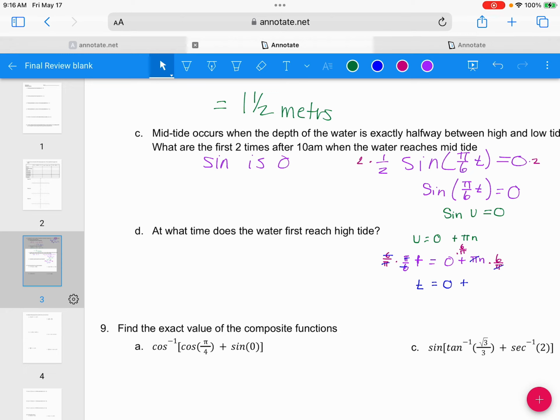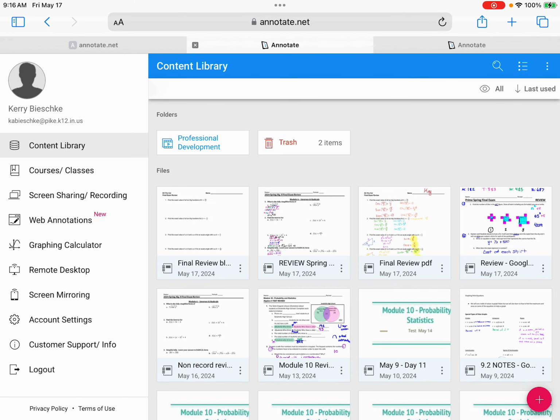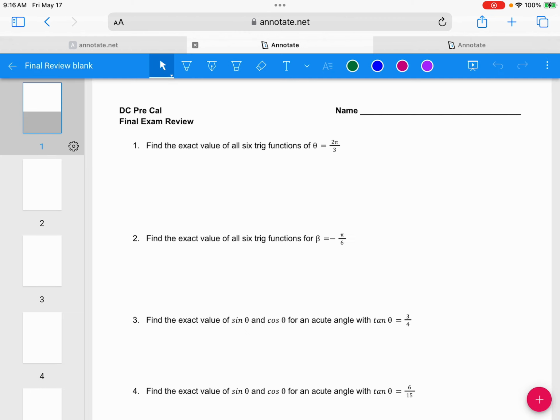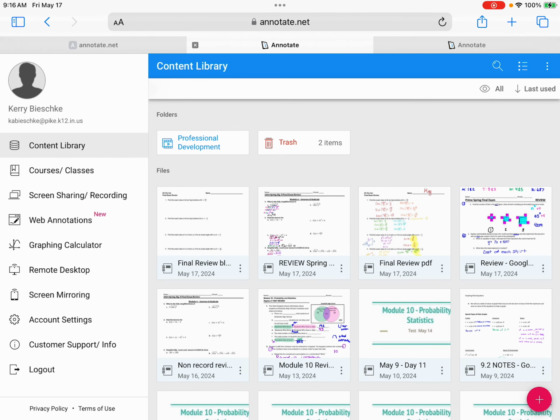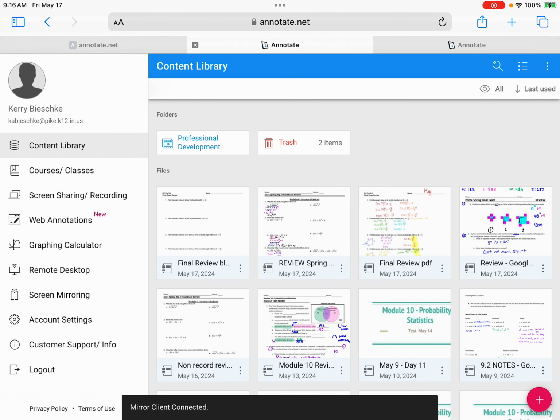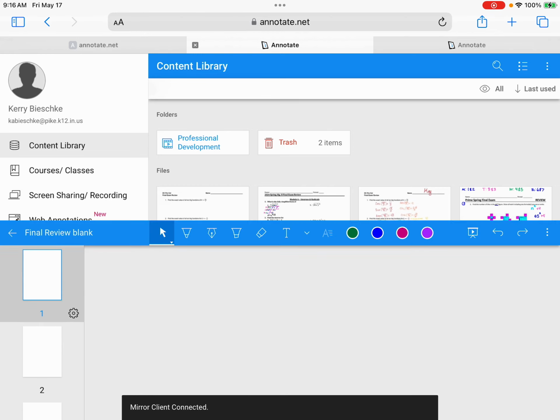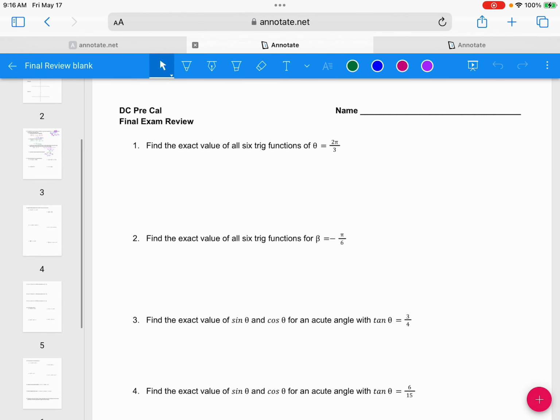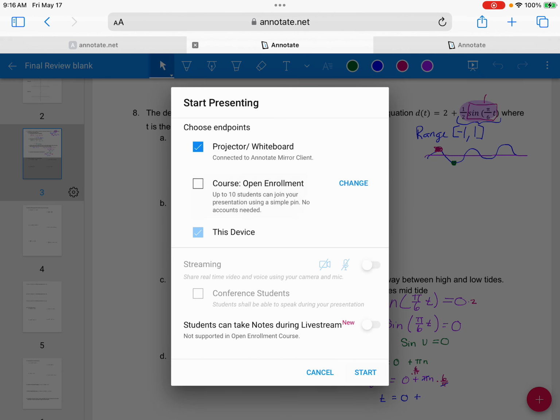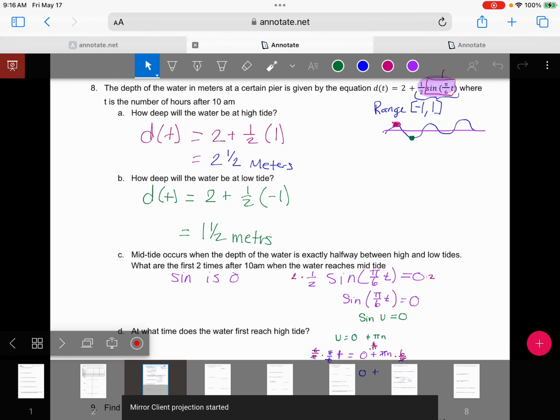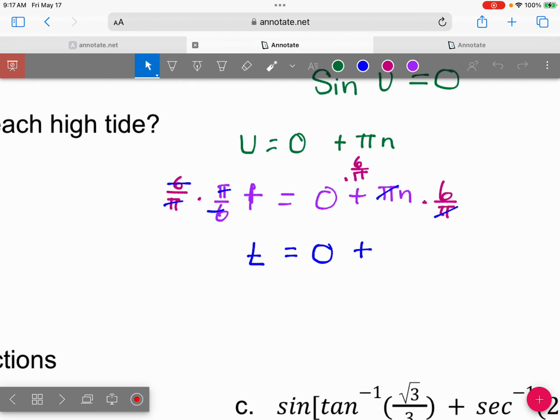Gotta get grumpy. There we go. Finally got it to realize it's not connected. Come on. Oh my gosh. There it goes. Huzzah, we're back. All right.